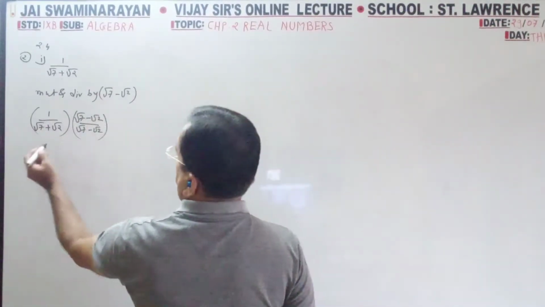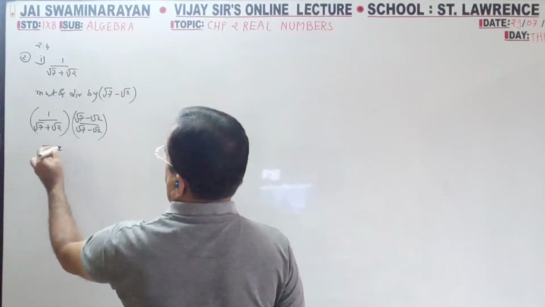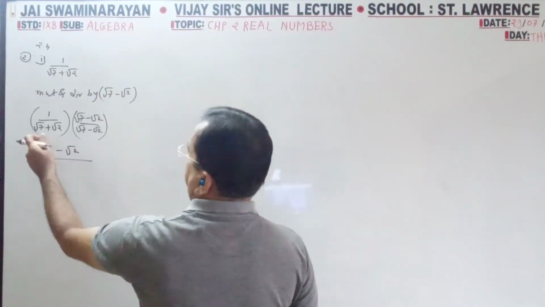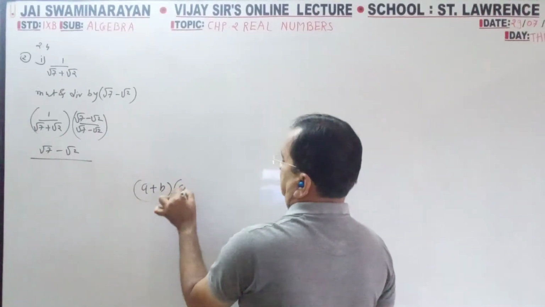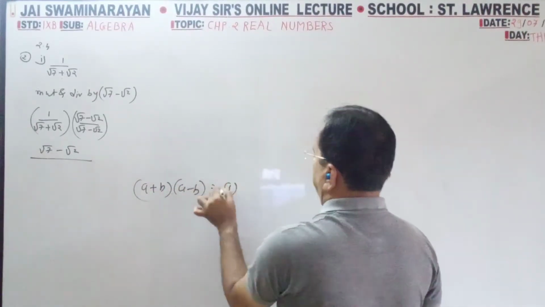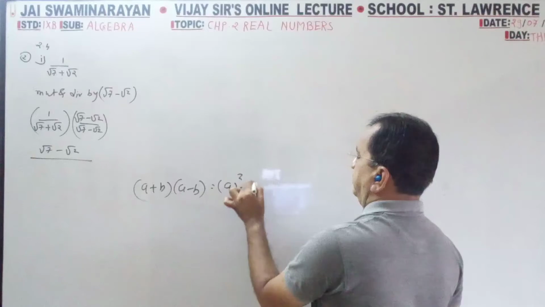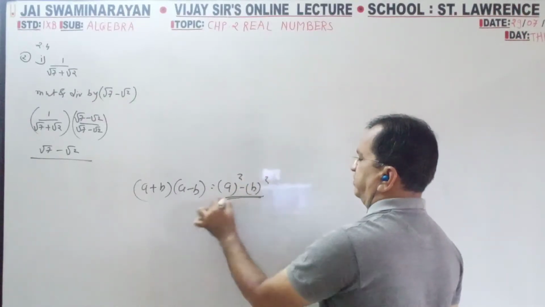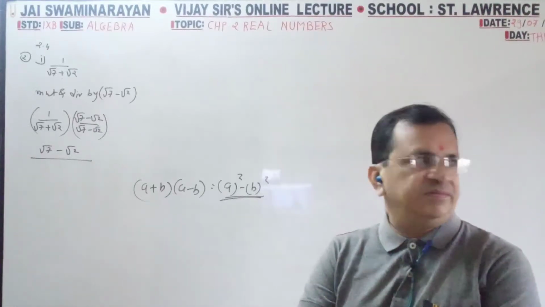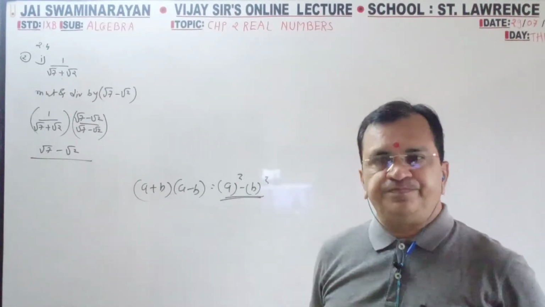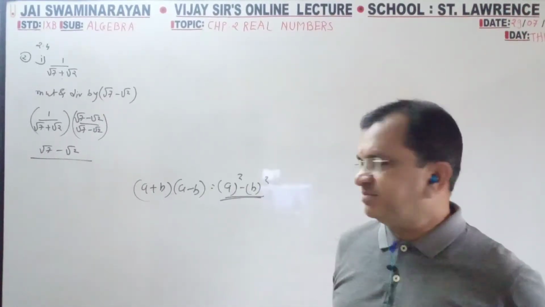Now this into this means root 7, root 2. a plus b, a minus b is equal to a square minus b square. Like that.